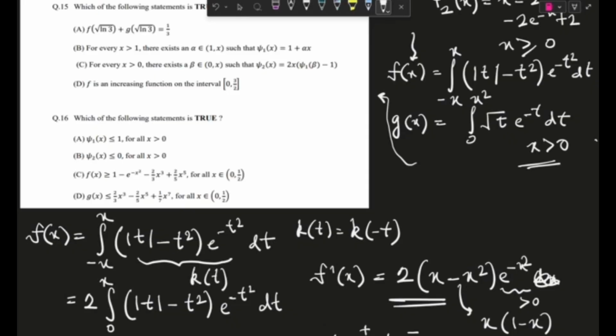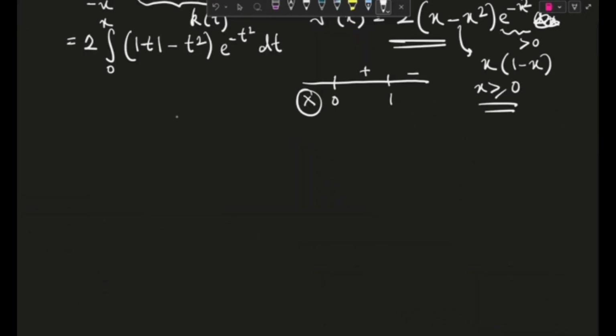As you can observe, from 0 to 1 the sign was positive in my number line, but beyond 1 the sign was negative, which means it is not continuously increasing. So in question number 15, I will write the options here and put a cross or tick on the basis. Option D actually becomes wrong. First option eliminated.